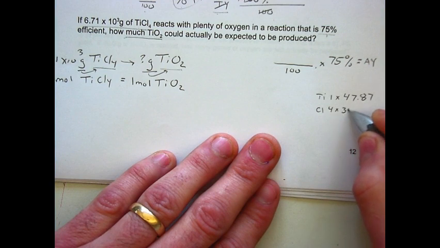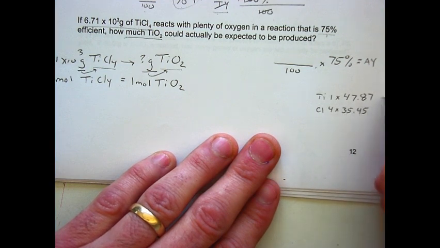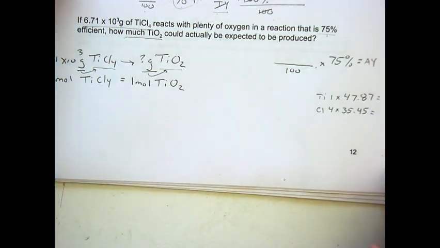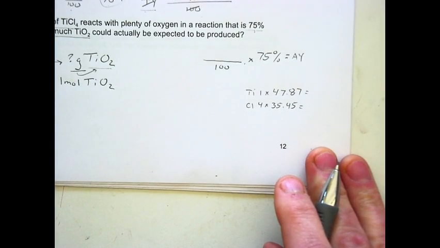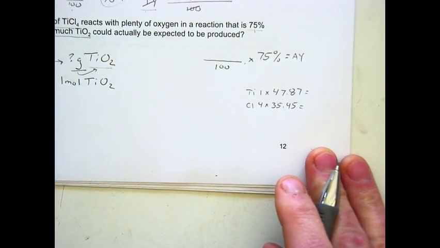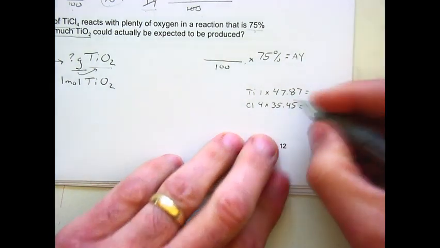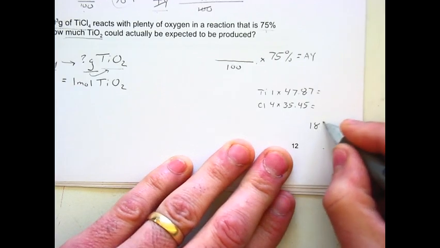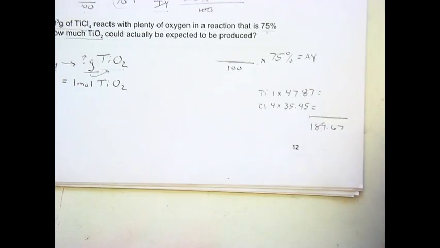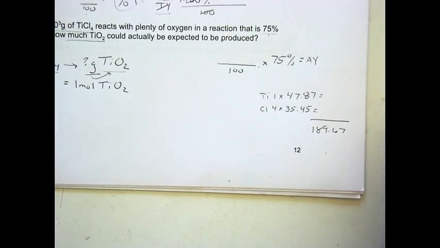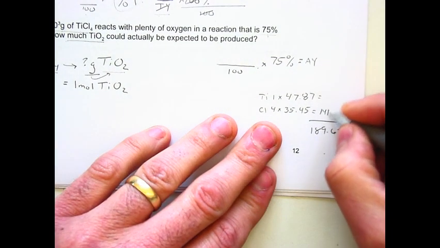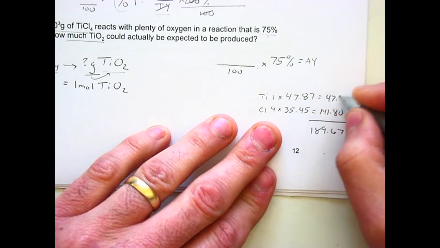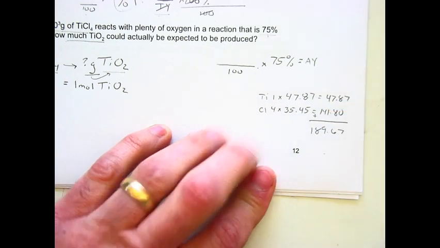We multiply that out, and we get 4 times 35.45, which is 141.80, plus 47.87, and then we add it up.